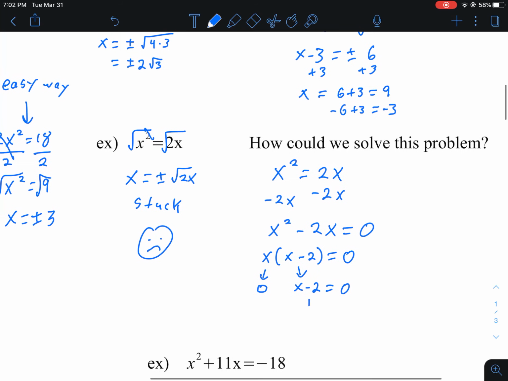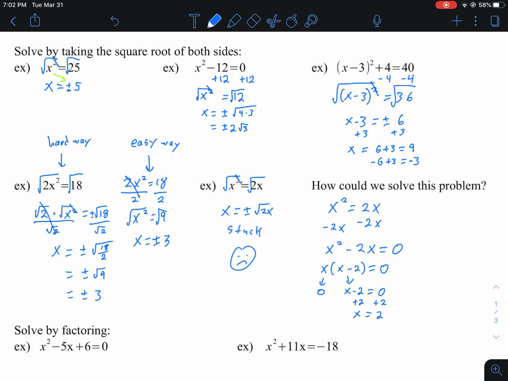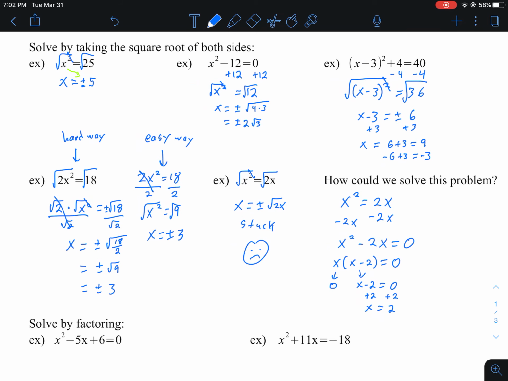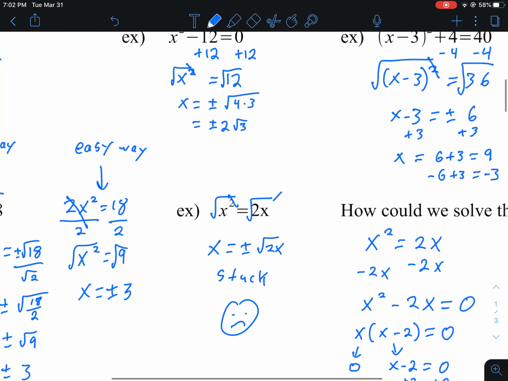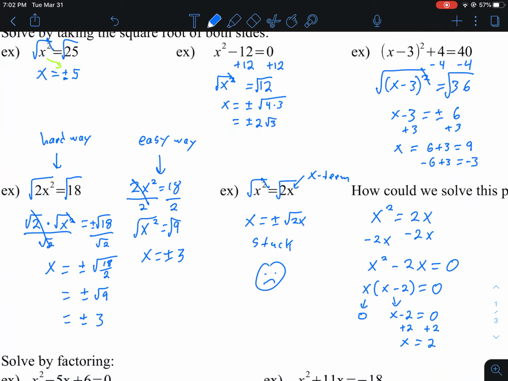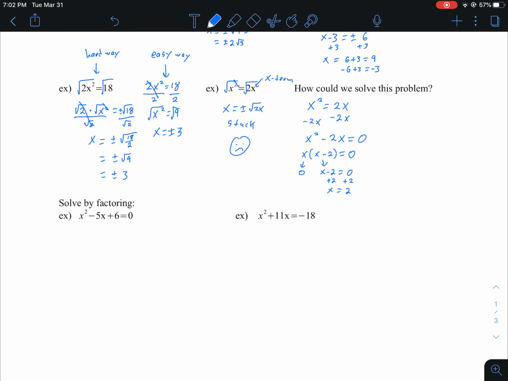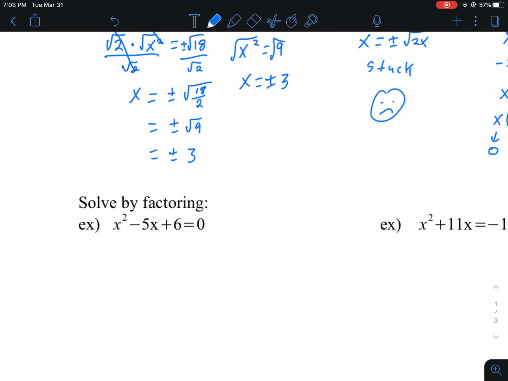We could add 2 to both sides. 0 and 2 are our answers. So square rooting both sides doesn't work if there's an x term. This is when it doesn't work. So these problems we can solve by factoring.